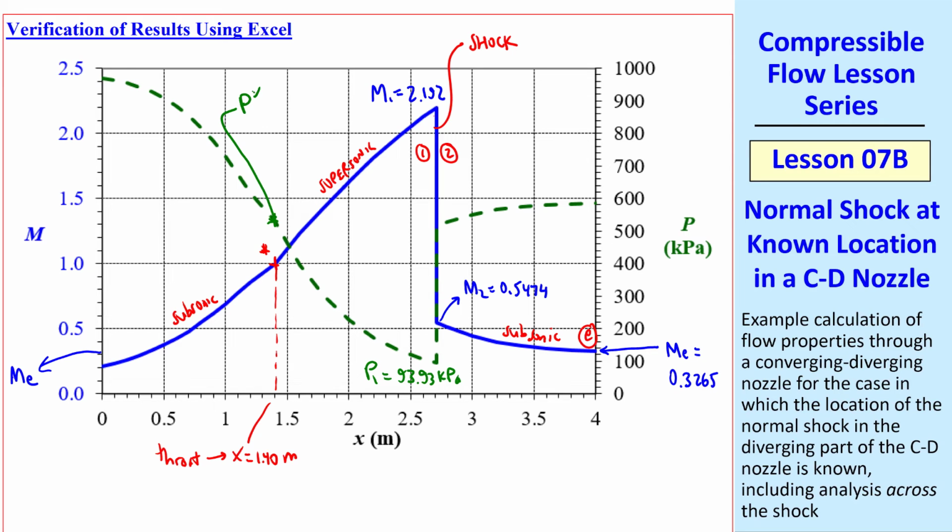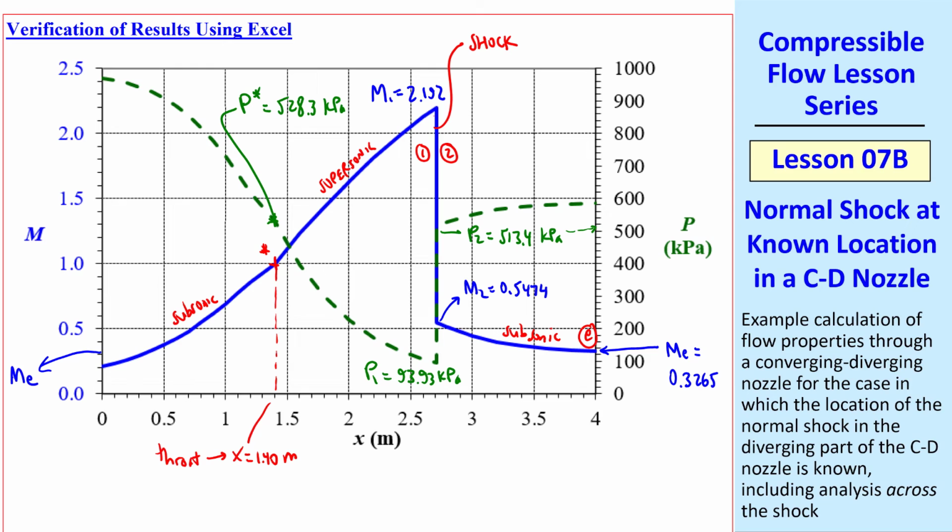By the way, P star in this problem is 528.3 kPa. We can do that one in our head, since you may recall that P star over P naught is 0.5283, and P naught in this problem, P naught 1, was 1000 kPa. P2 turned out to be 513.4 kPa, which is here on the pressure scale.